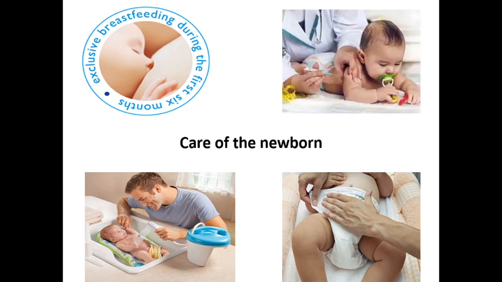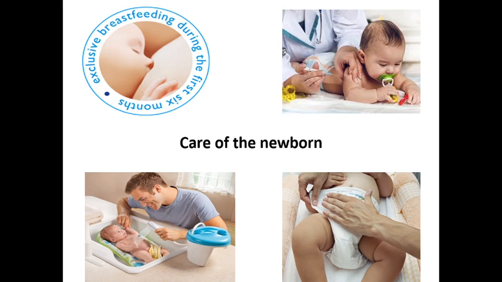The next important thing when taking care of a newborn is vaccination. In Sri Lanka, there is an expanded program on immunization. According to this EPI schedule, there are certain vaccines which have to be given at specific months after birth.